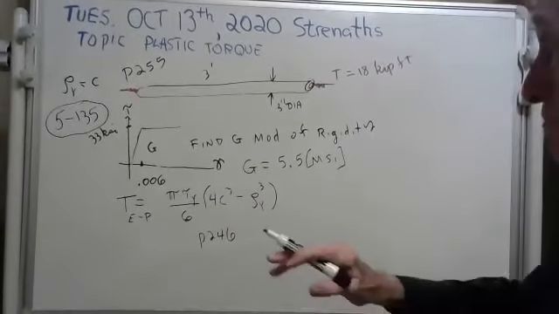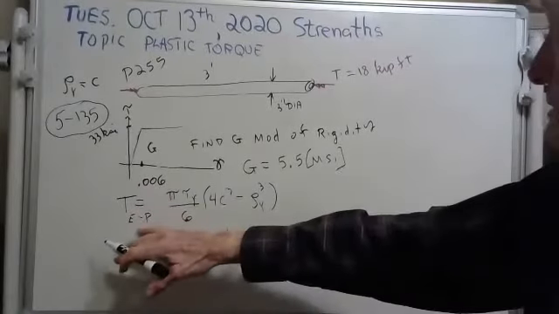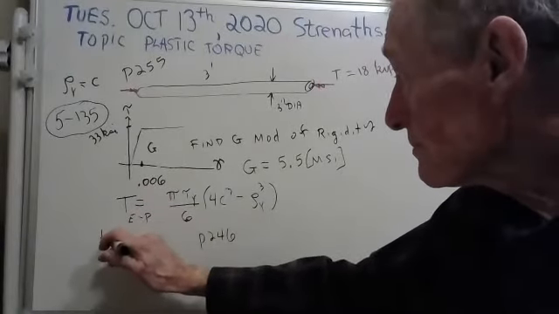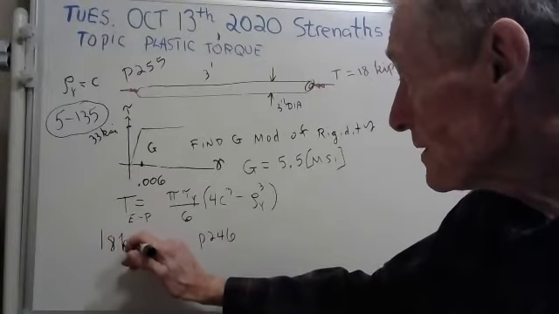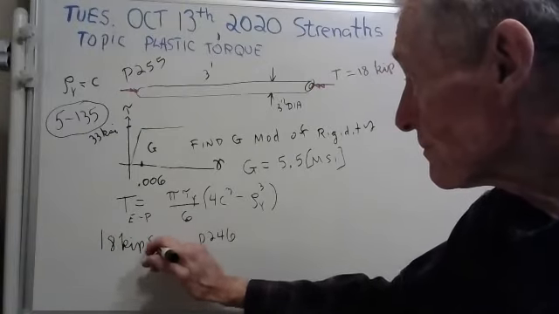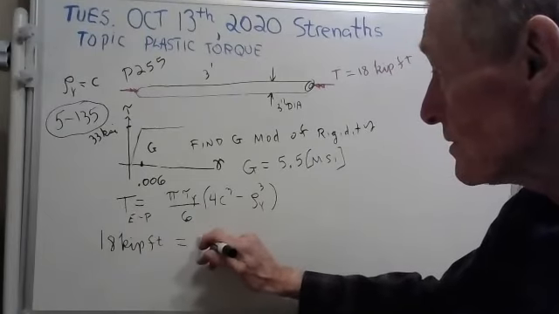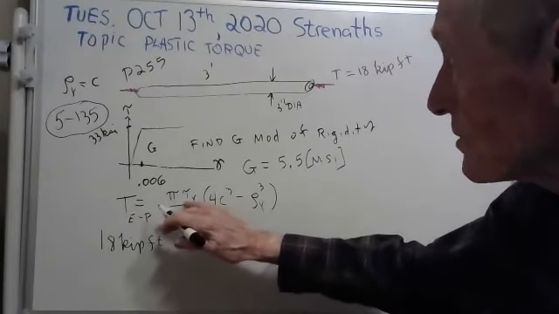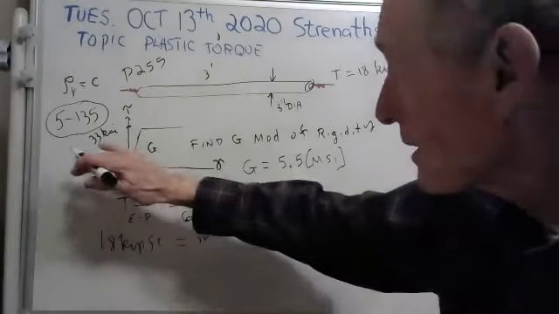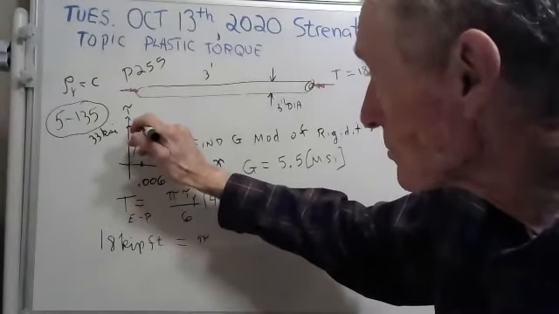Okay, well, let's plug it in. Here we go. We know what this is. It's 18 kip feet. 18 kip feet equals pi. And now we know what this is. It's 33 KSI. That's what this is. This is tau sub y.